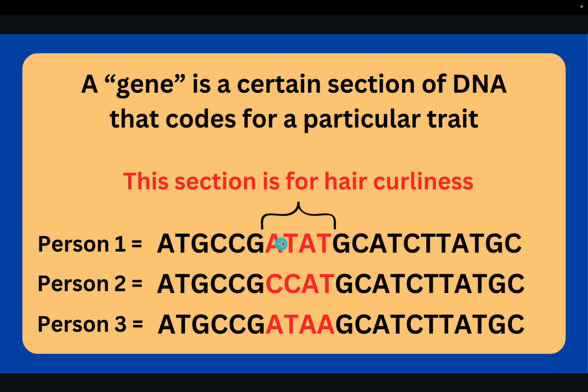So when you come to this hair curliness spot, you'll see person 1 has ATAT, person 2 has CCAT, and person 3 has ATAA. So they have different letters, or they have different code in this spot for hair curliness.